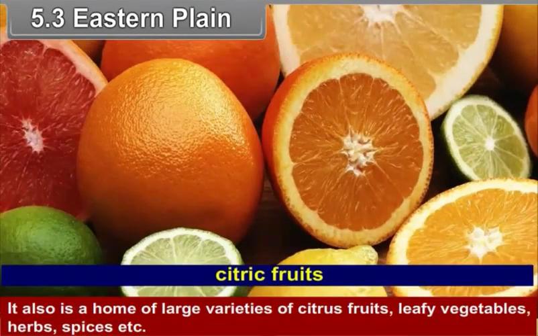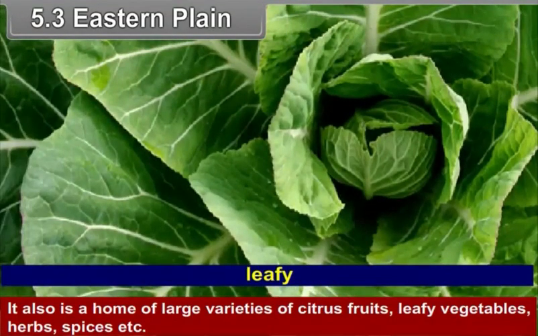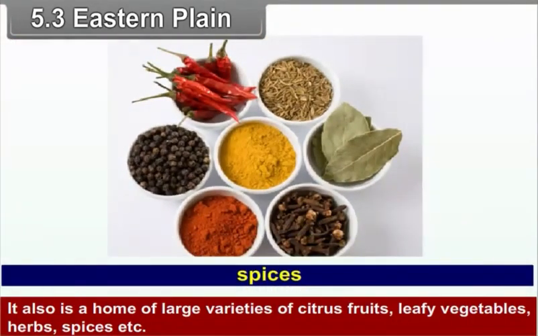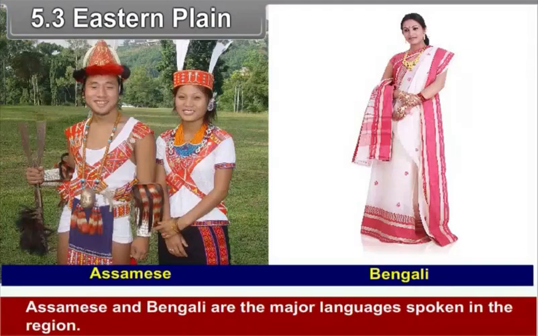It also is a home of a large variety of citrus fruits, leafy vegetables, herbs, spices, etc. 45 languages are spoken by different communities. Assamese and Bengali are the major languages spoken in the region.